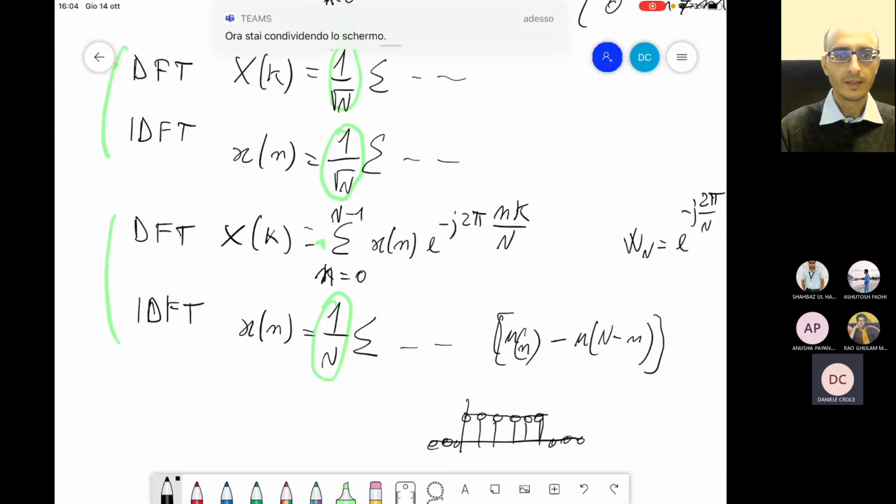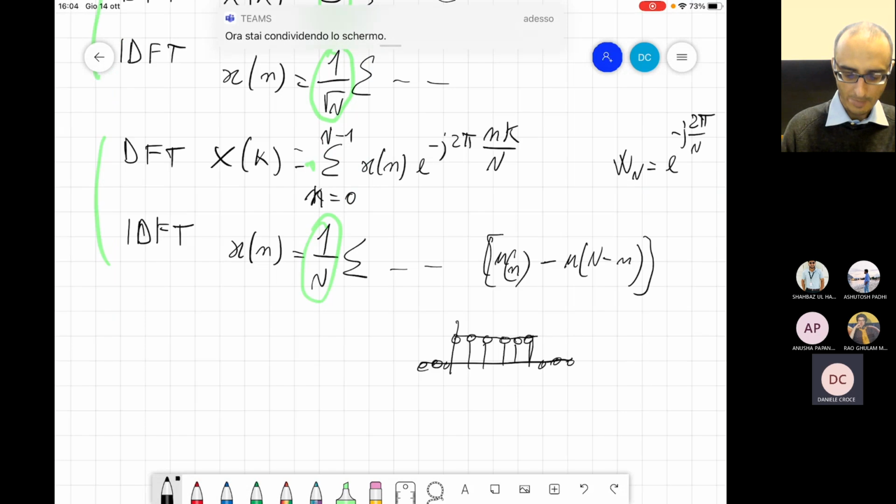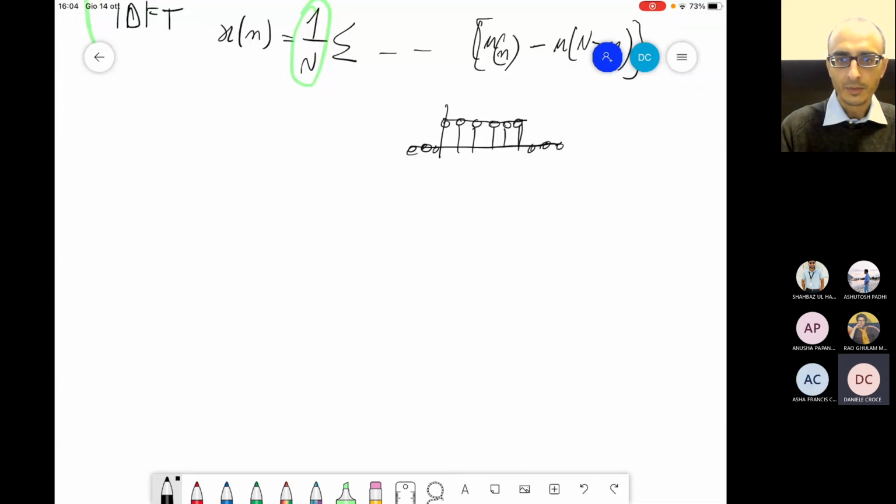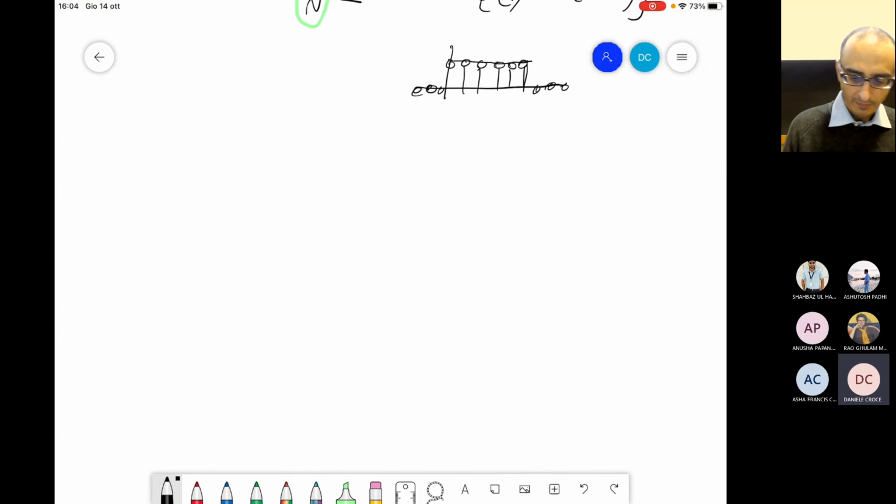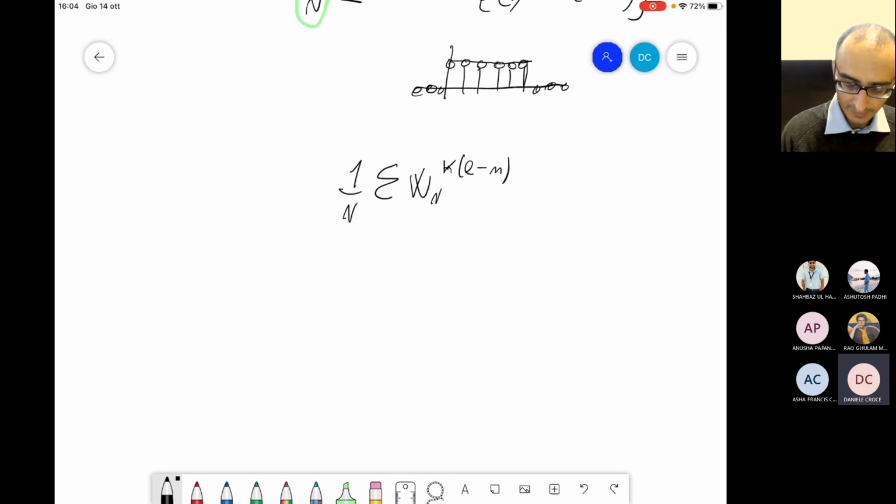So what I'm saying is that if you have the factor 1 over capital N times the summation of W_N to the k times (l minus n), and l minus n is a multiple of capital N, what you have here is e to the minus j 2 pi divided by N, times an integer multiple.